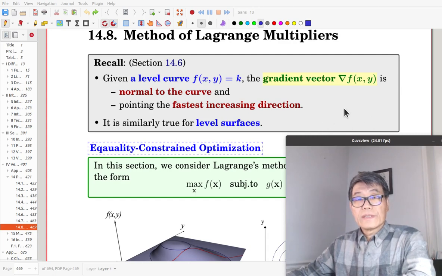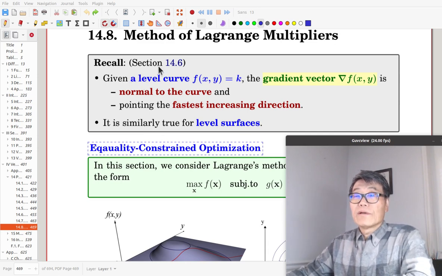It is section 14.8, method of Lagrange multipliers. Here we have a recall. In section 14.6, we studied this.